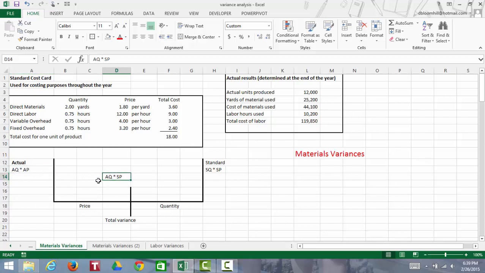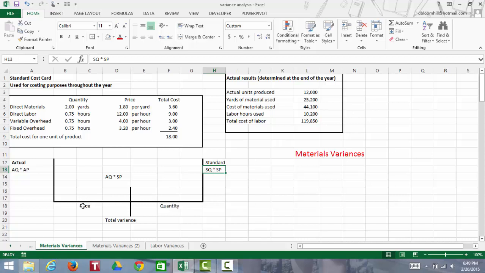So the difference between the left and the middle prong measures your price variance. Notice that between the middle prong and the right-hand prong, the standard price and the standard price are the same, so the price doesn't vary, but notice actual quantity and standard quantity do vary. So the difference between the middle and the right-hand prong measures a quantity variance.